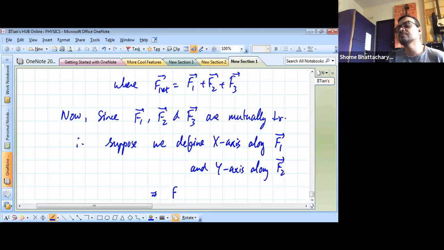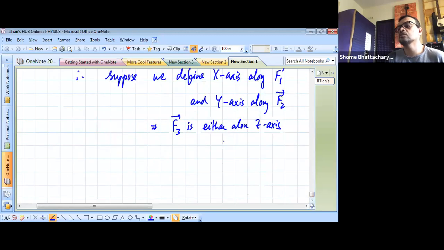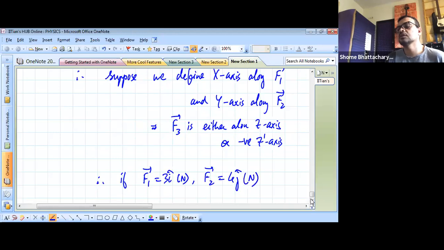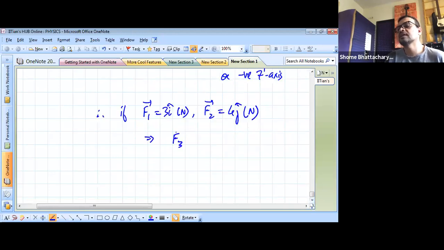Then it automatically implies that F3 is either along the positive z-axis or the negative z-axis, one of the two. So if we assume that F1 is 3 i cap newtons and F2 is 4j cap newtons, then automatically, because they are mutually perpendicular, F3 will be either plus or minus 12 k cap.